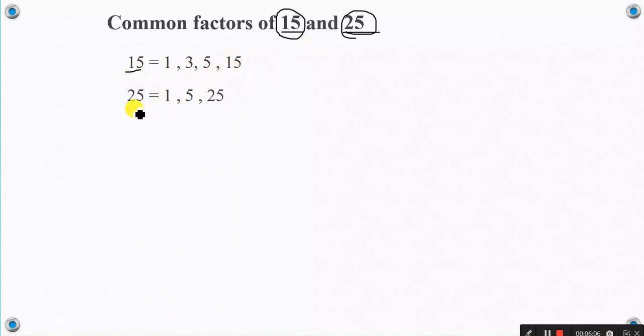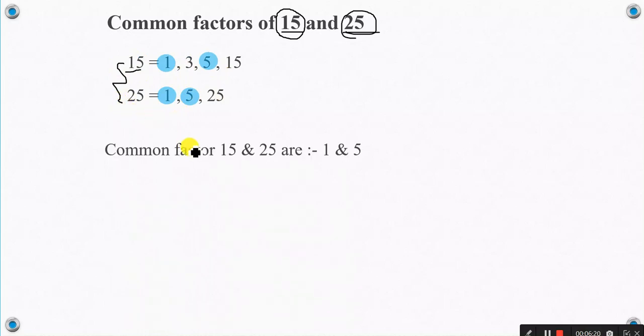And the factors of 25 are 1, 5, 25. From this, 1 is a common factor for both, and 5 is also a common factor. So the common factors of 15 and 25 are 1 and 5.